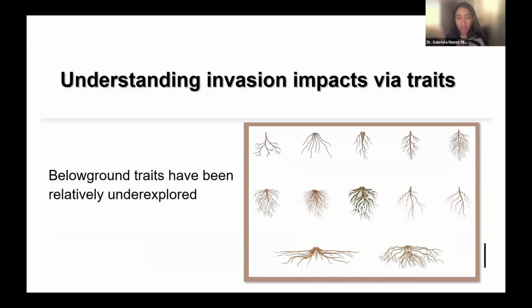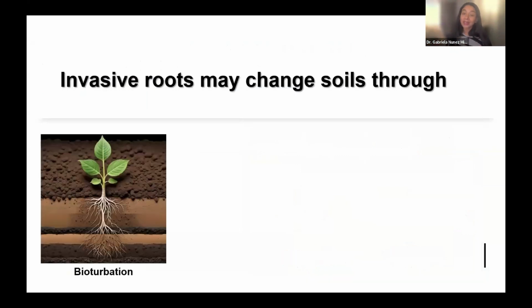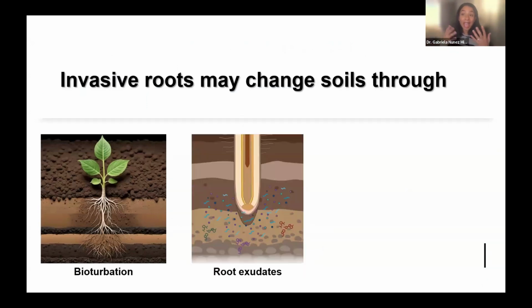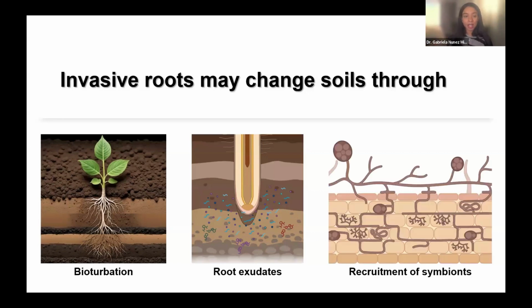They're very hard to collect and they can be very different morphologically, so in their shape, in their structure, in their function, in their chemistry. And invasive roots may change soils in different ways: through bioturbation, through exudates, that's chemicals the roots are exuding, so expelling into the soil, and through the recruitment of symbionts.